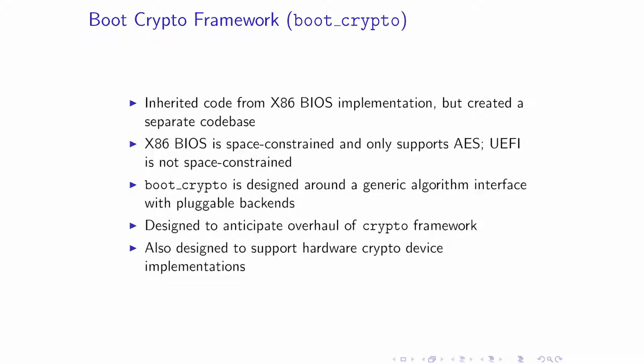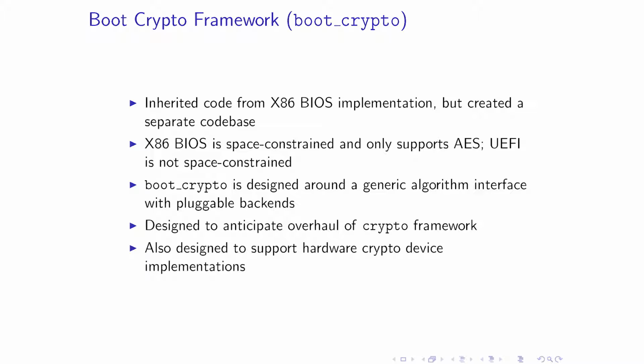Of course, this is an encrypted file system. I have to get the crypto from somewhere. Alan, when he did the x86 BIOS work, pulled in a minimal set out of the kernel crypto. The reason for that is that x86 BIOS is very space constrained, and so you can't necessarily pull in every cipher.